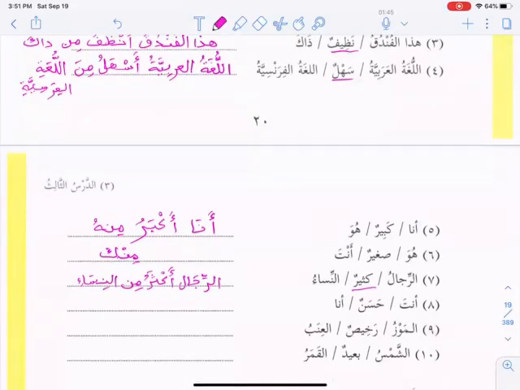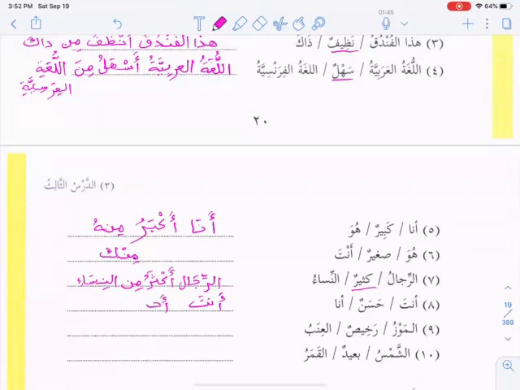أنت أحسن منا. What will you say? أنت أحسن. أحسن مني. أنت, I will write down. أنت أحسن.